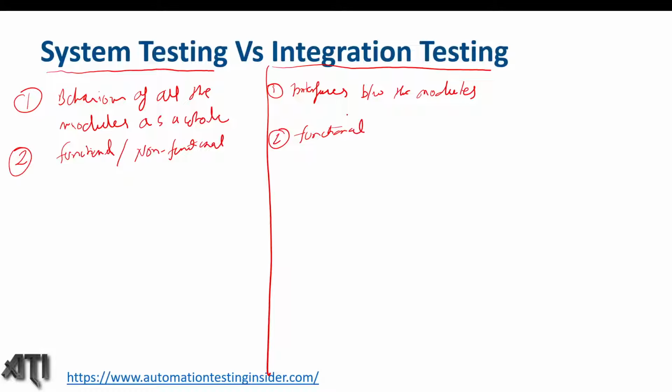So what is the difference between functional and non-functional? In functional we do UI testing, input domain testing and database testing. These come under functional testing, whereas in non-functional testing we check performance, security, memory leakage. These all come under non-functional testing.